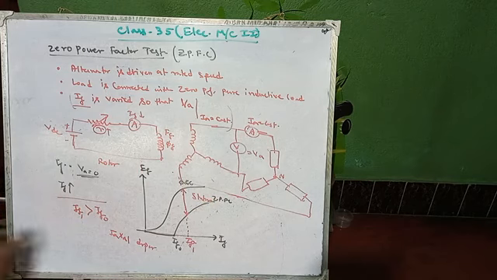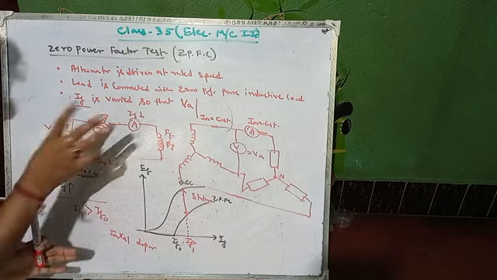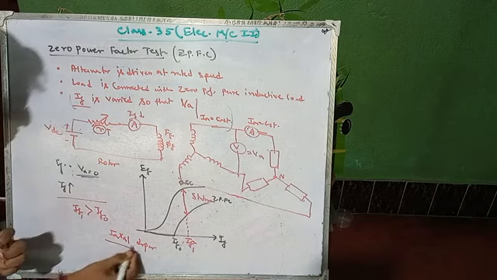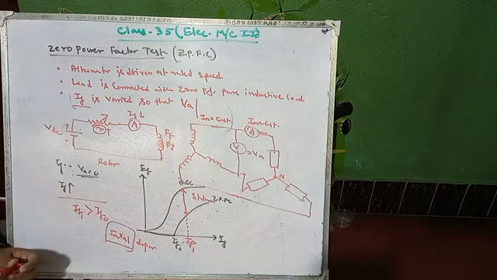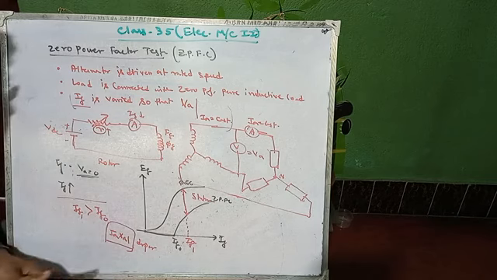Okay, so this IaXaL drop is nothing but the armature leakage reactance drop. This is called the armature leakage reactance drop. So actually for this ZPFC we need to find this value, the IaXaL drop, and this will be calculated by using the Potier triangle.